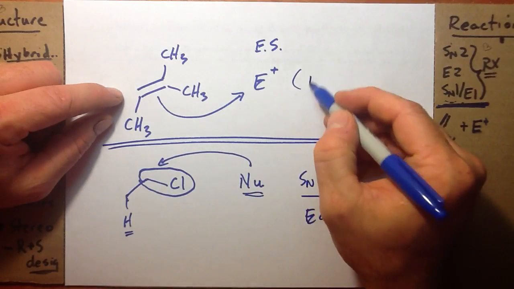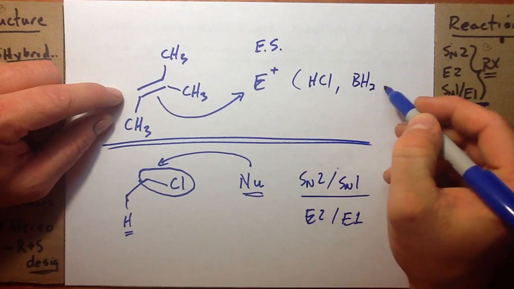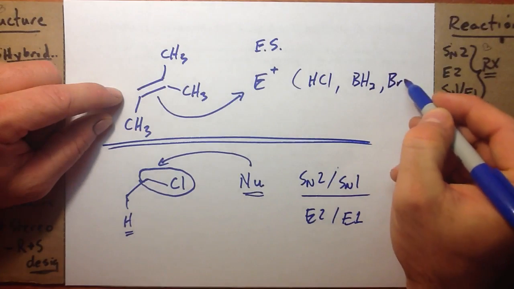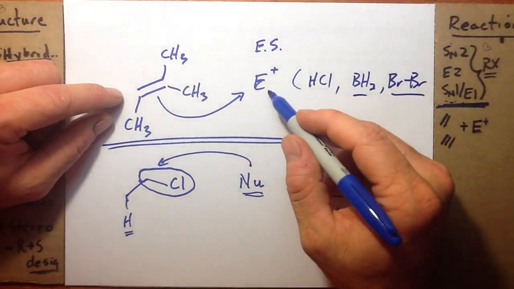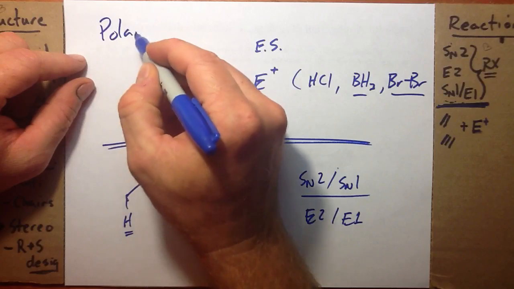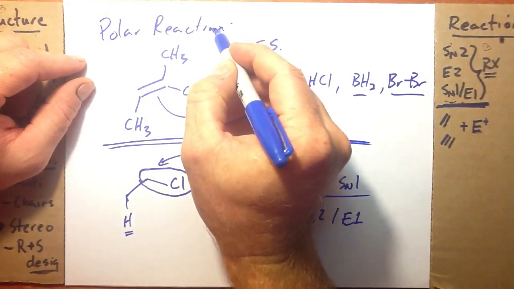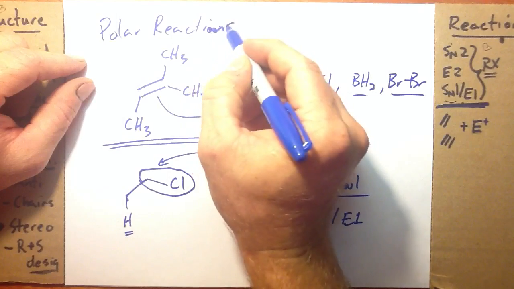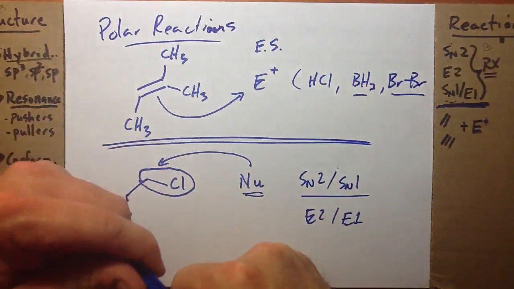And we said this electrophile can be H in HCl, B in BH3, bromine in Br2. There are a lot of different electrophiles this alkene could attack. These are polar reactions. Polar reactions of alkenes and alkyl halides.